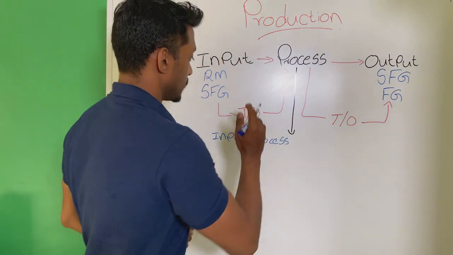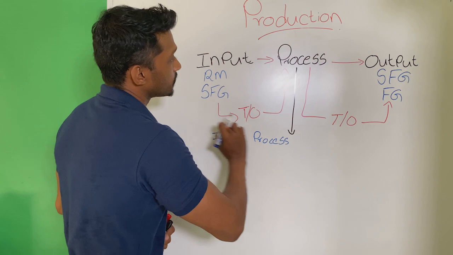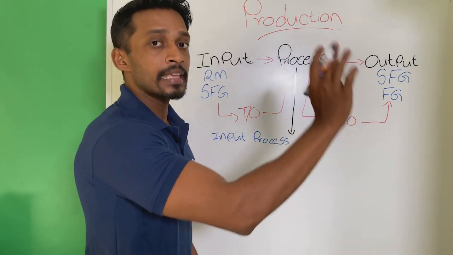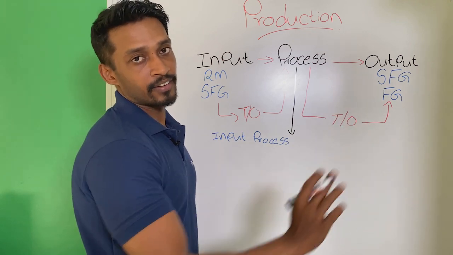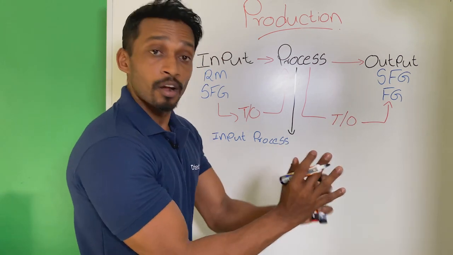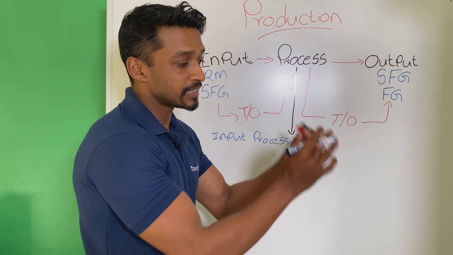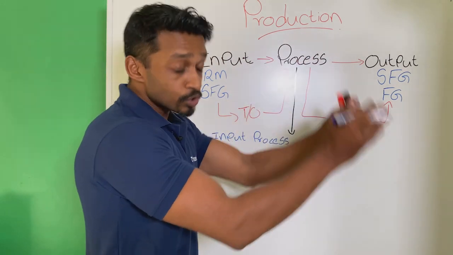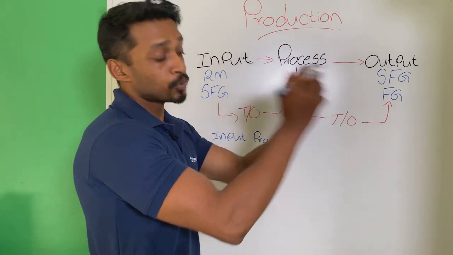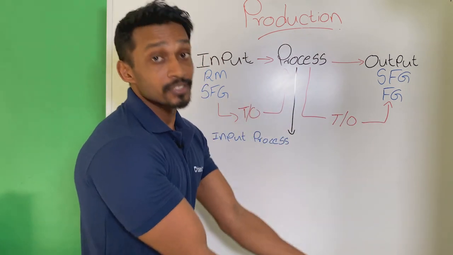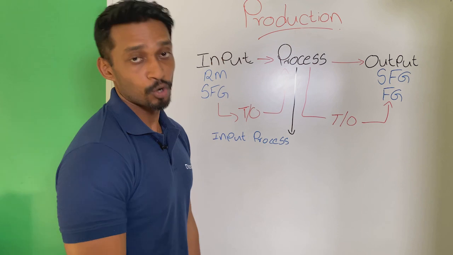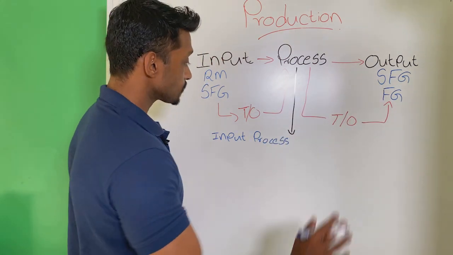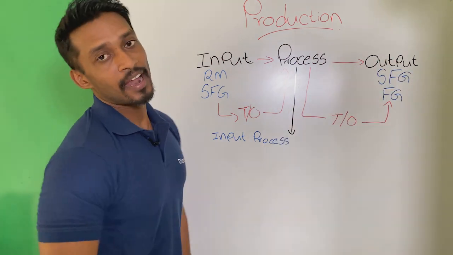Now at the moment raw material is transferred to the production process, it's still in the raw material inventory account, which means we have still not started the production process. So until you use it for the production process, until you put it into the blending process, it remains as a raw material. Once you put it into the blending process, now the double entries are going to start.